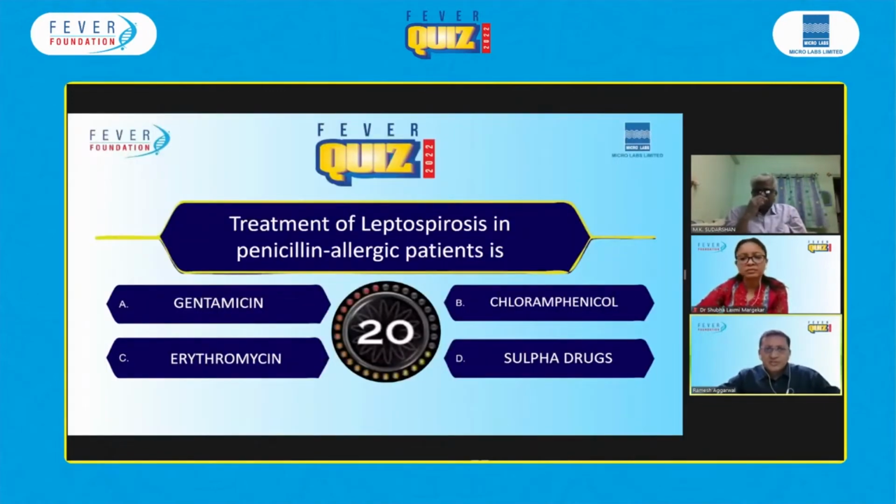So the next question is: treatment of leptospirosis in penicillin allergic patients is choice A, gentamicin, choice B, chloramphenicol, choice C, erythromycin, and choice D, sulfa drugs.